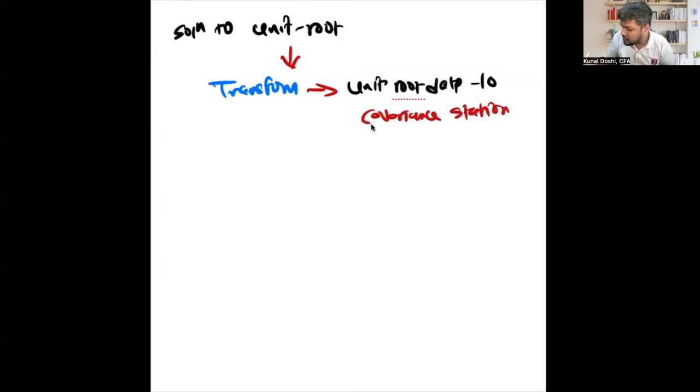And how are we going to do that? Well, we are going to do that through a concept called first differencing. Yes, first differencing. This is the solution for the unit root problem.